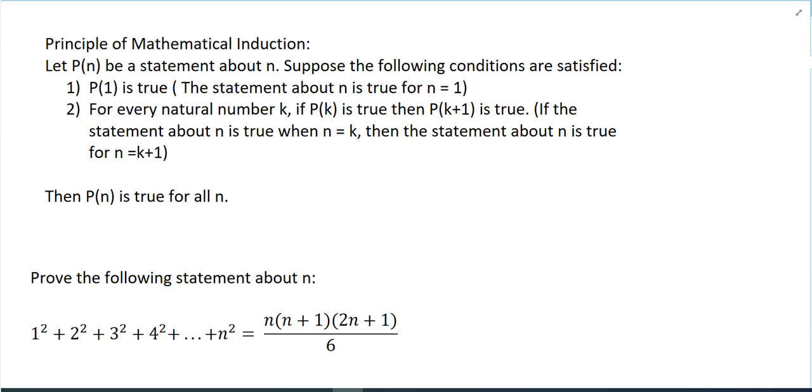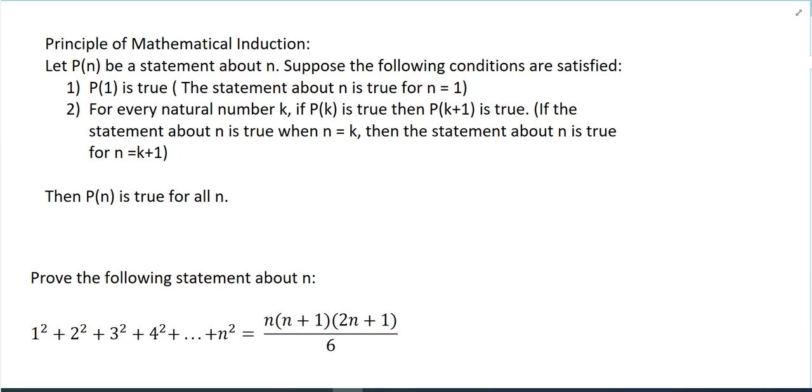So that's what P of 1 is, if P of n is a statement about n. The second condition is that for every natural number k, if P of k is true, then P of k plus 1 is true. Meaning if the statement is true for n equals k, then the same statement is true for n equals k plus 1.